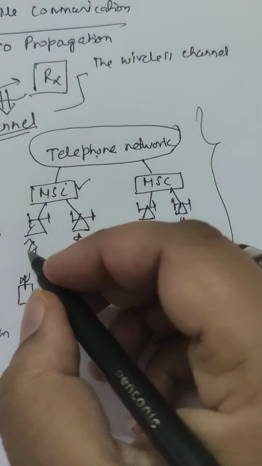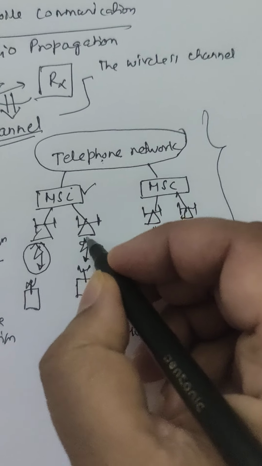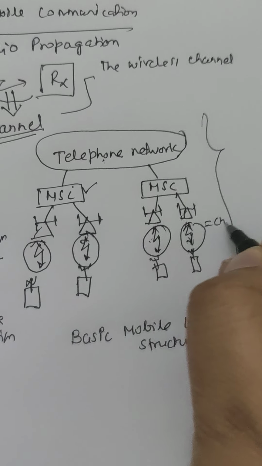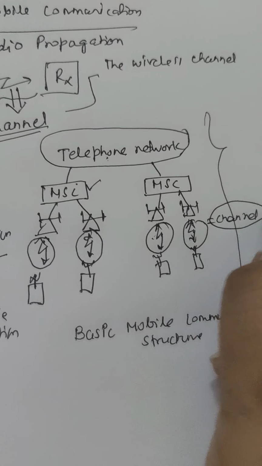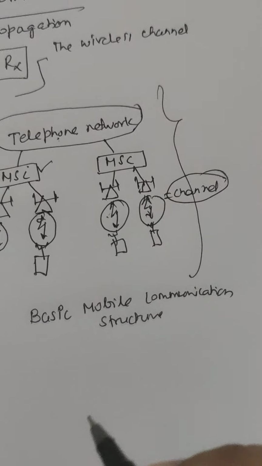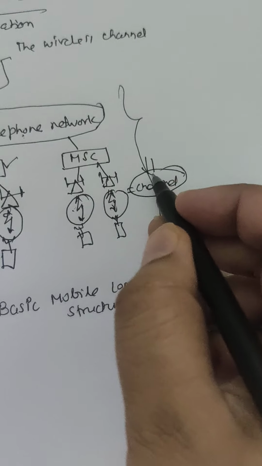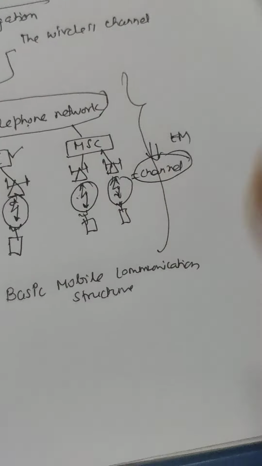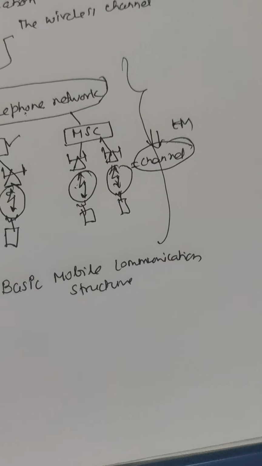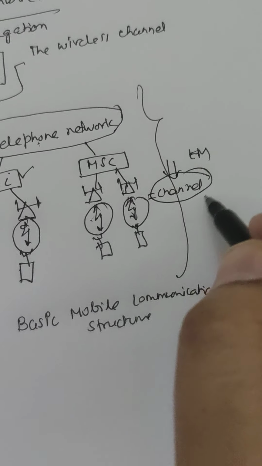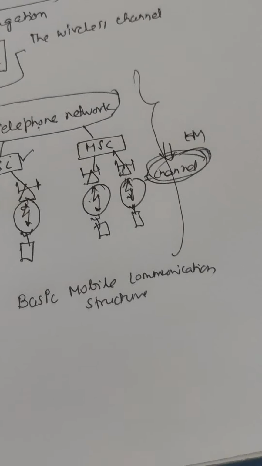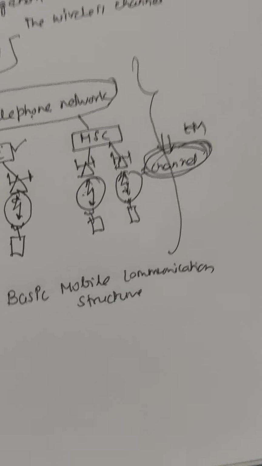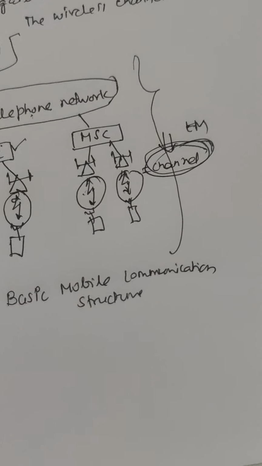Now look at this free space. This is the free space. This one is the free space. These are the channels, and these channels allow EM waves to propagate. So the main problem occurs in the channels, and our topic is mobile radio propagation.